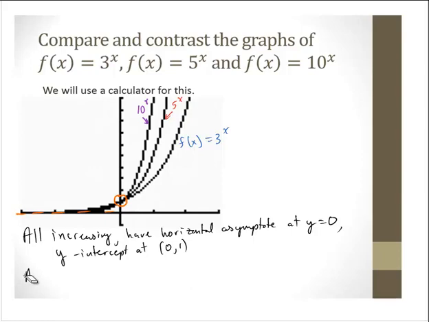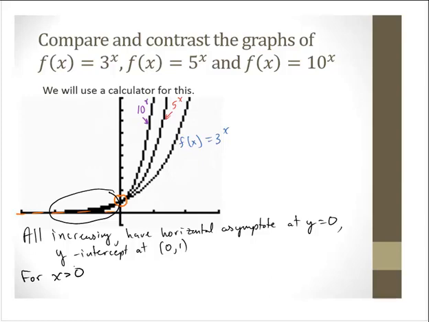And the difference in the graphs is really in how they increase. All right, so notice that 3 to the x is increasing the slowest, especially for positive values of x. It's tougher to say what's happening over here on the left from this graph, right? But let's consider when x is positive.